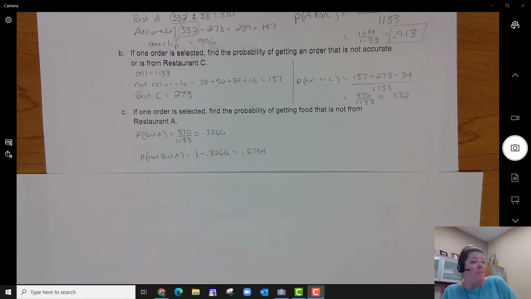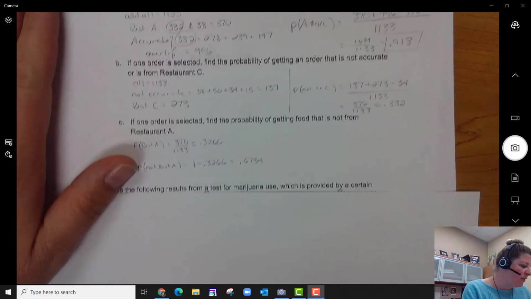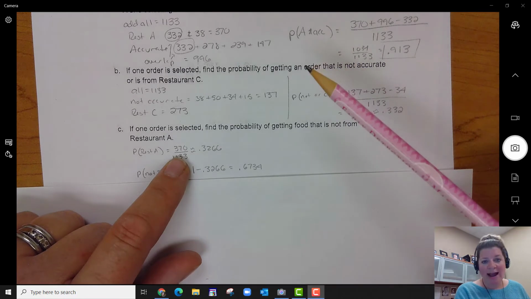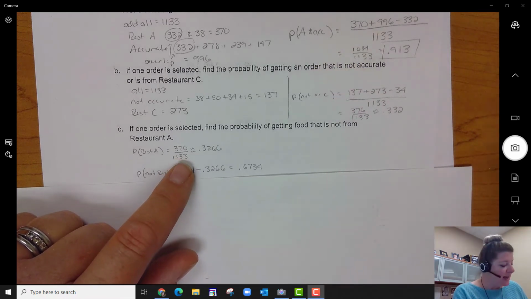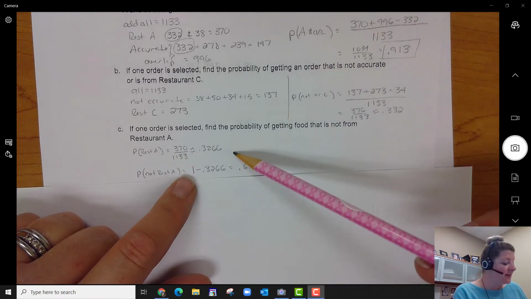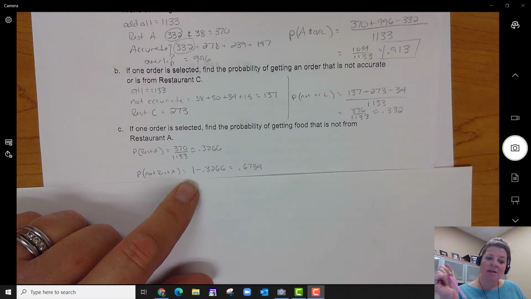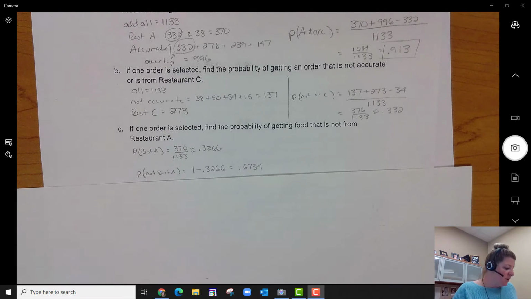Or I could add up all of them that aren't. I mean, that is one way. This way just might be a little quicker. I just wanted to remind you of it. So I can add up all of restaurant A's. So they were 370 for accurate and not accurate, both of those, and that's 0.32, and then subtract that off 1. So you can use that idea of not to solve it as well.